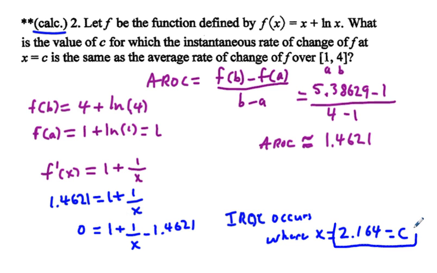So at c equals 2.164, that's where we're going to have the instantaneous rate of change the same as the average rate of change. So the instantaneous rate of change at x equals 2.164 is the same as the average rate of change over this closed interval from 1 to 4. Okay.